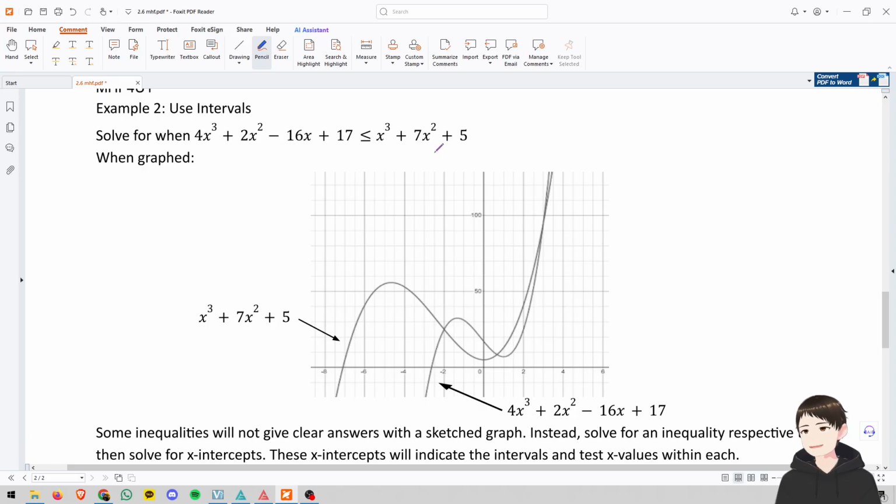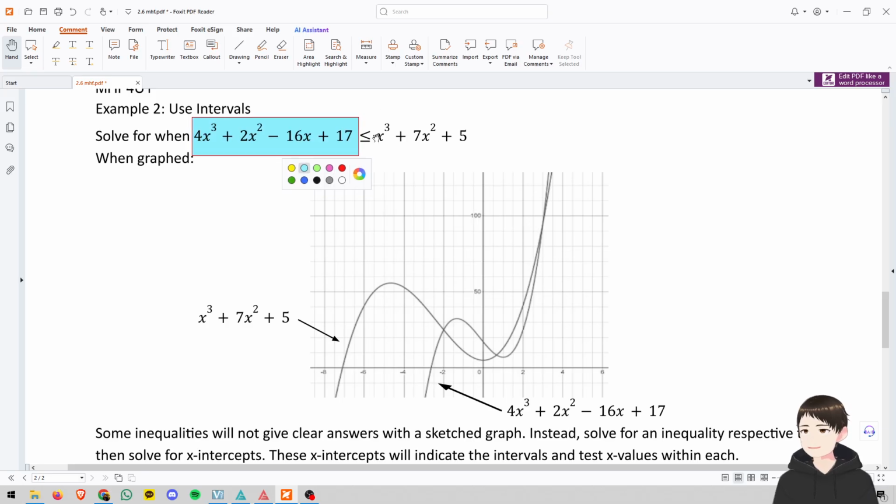Here's another question where it's asking you to use an interval chart or whatever, because it's going to be a little annoying to graph, or the graph doesn't show x-intercepts. Let's try to understand this question. Solve when the 4x cubed function is going to be less than or equal to the 1x cubed function.